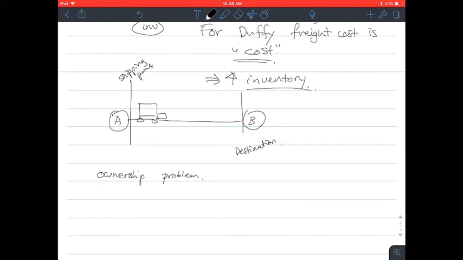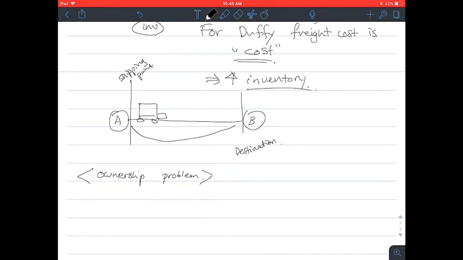Because nobody wants to take responsibility when something happens during the transportation of goods. You never know, this car could be in an accident and your product will be lost. So who's going to take responsibility?